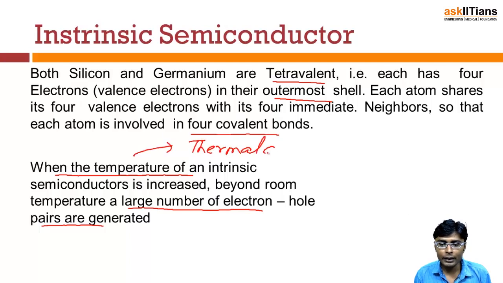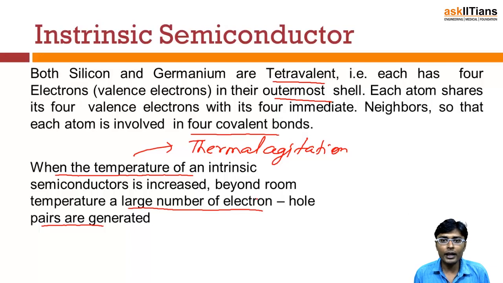Thermal agitation means the generation of electron hole pairs due to the increase in thermal energy, or the temperature. Electrons and holes are always generated in pairs.